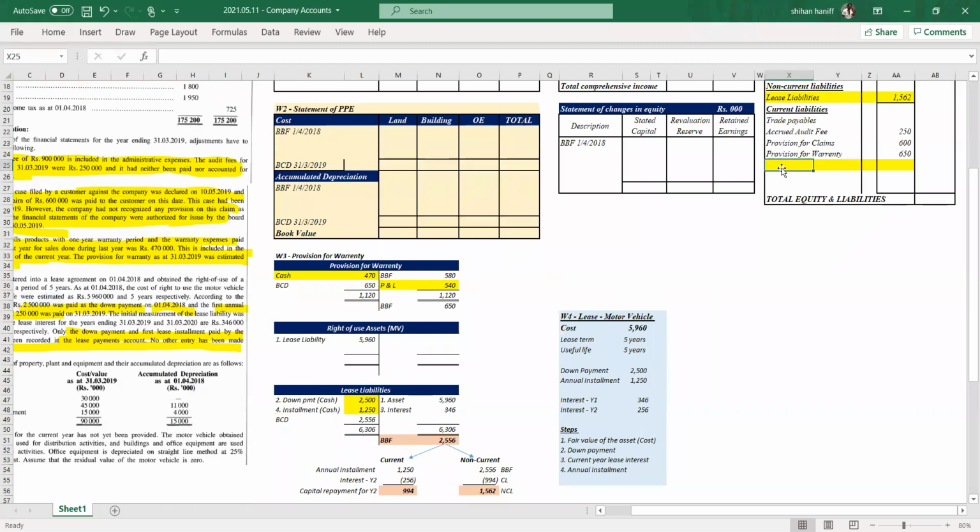And current liability is 994. 994 current liabilities.